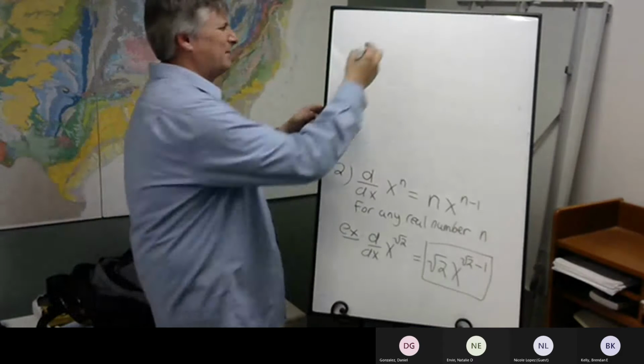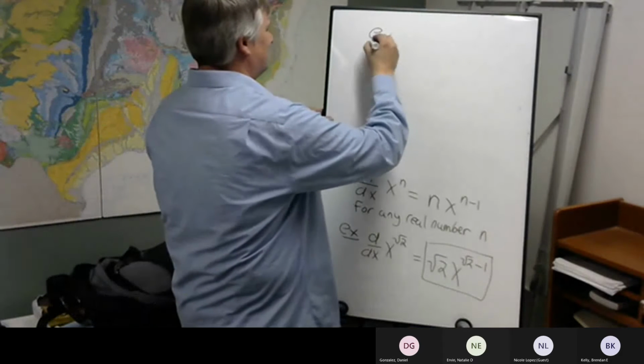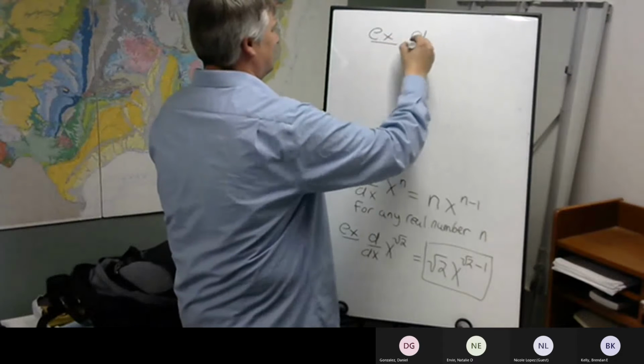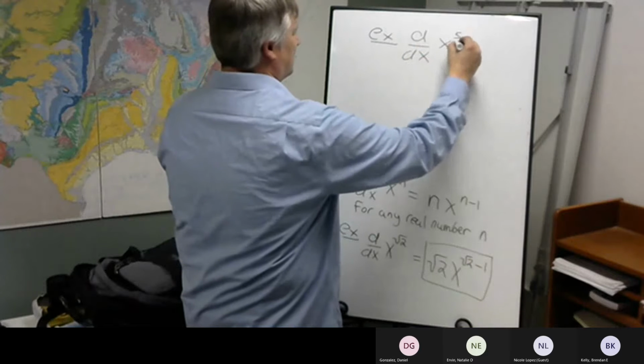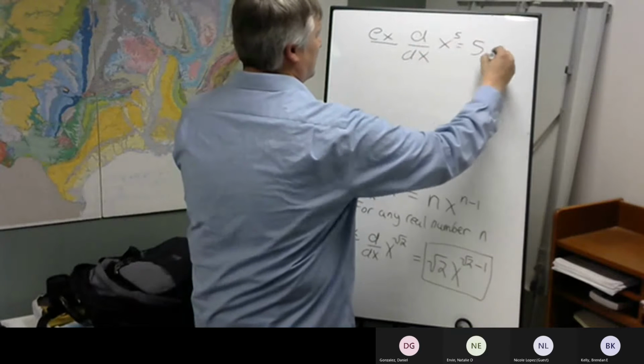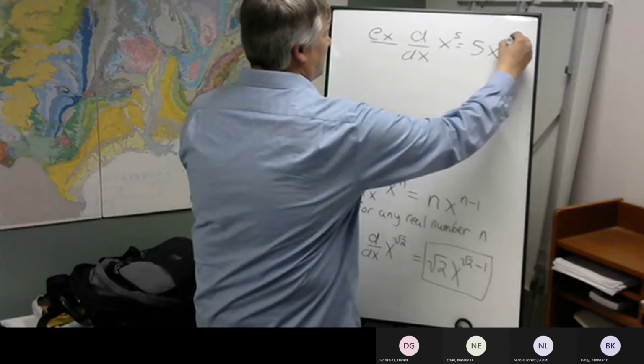Another example, more typical. Say x to the 5th, the derivative is 5x to the 4th.